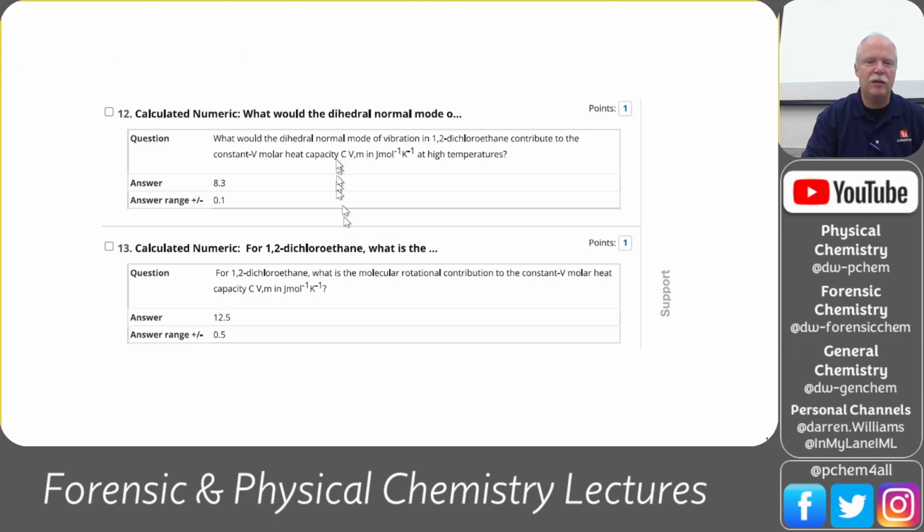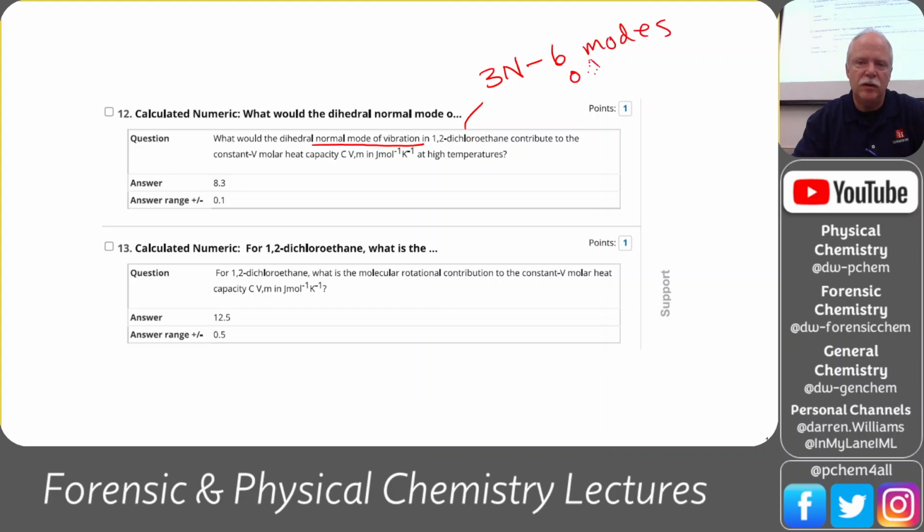Okay, so I'm looking at this problem, and I've got a single normal mode of vibration. That's what tells you A is 1. For this molecule, I have 3n minus 6 modes of vibration.